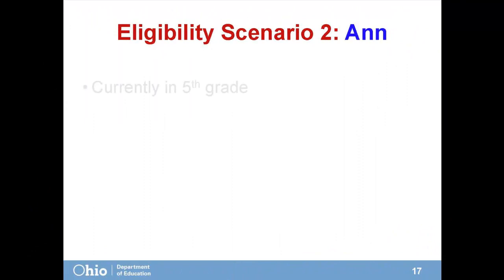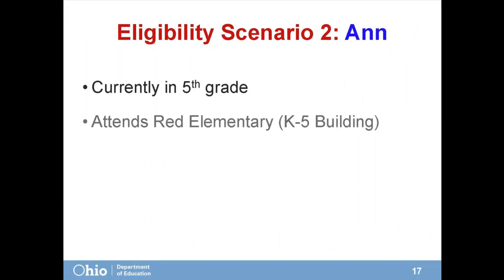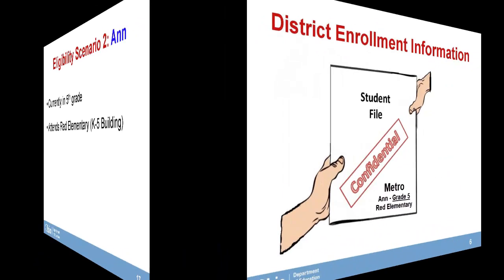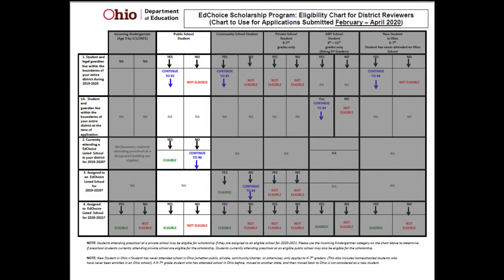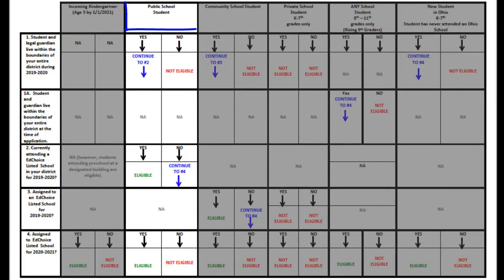In our next example, we have Ann, currently a 5th grade student at Red Elementary. Red Elementary is a kindergarten to 5th grade building in the Metro Public School District. We use our district enrollment information to verify that Ann lives within the district and is currently a 5th grader attending Red Elementary. Because she is a public school student, we will review the current public school student column and then review the list of EdChoice eligible buildings.